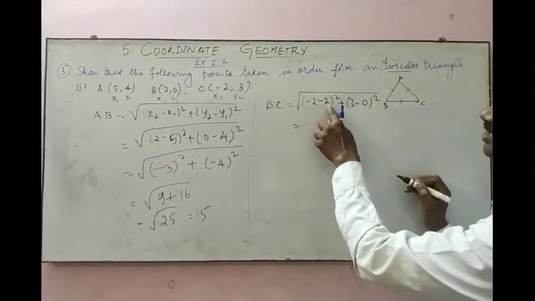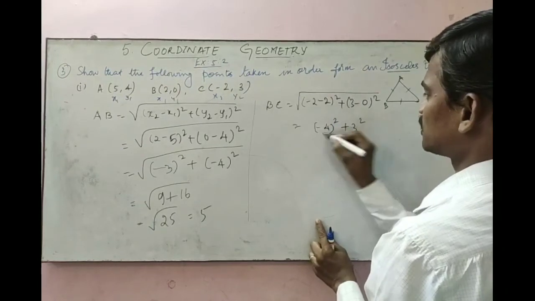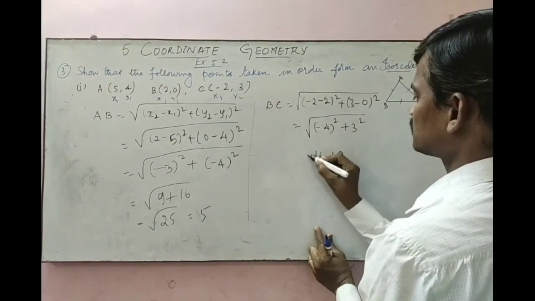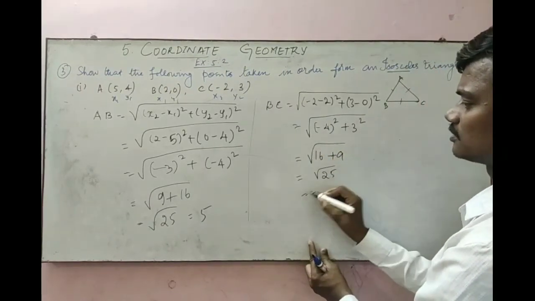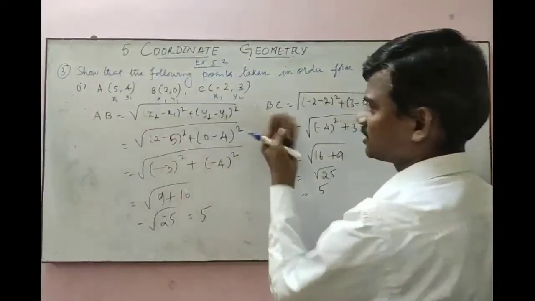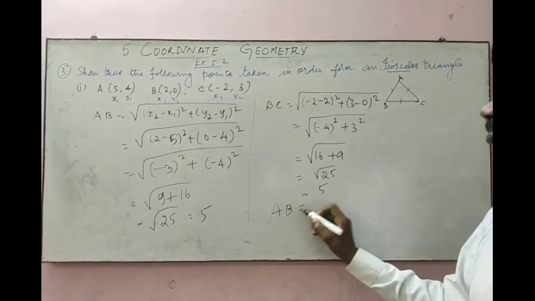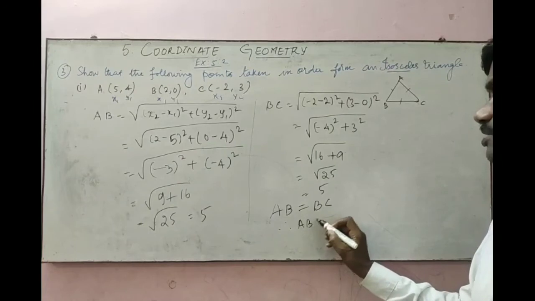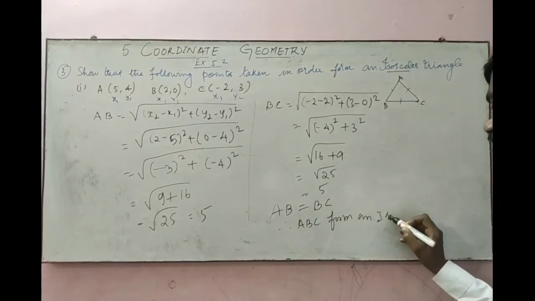So minus 2 gives minus 4 square plus 3 square. Minus 4 square gives 16, 3 square gives 9, 16 plus 9 gives root 25. So the distance is 5. So here itself we arrived at AB equal to BC. So therefore AB equal to BC, therefore ABC form an isosceles triangle.